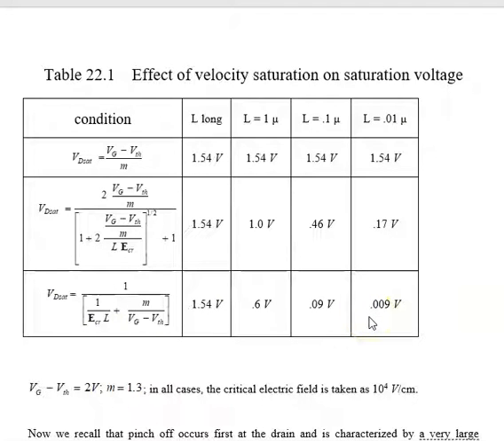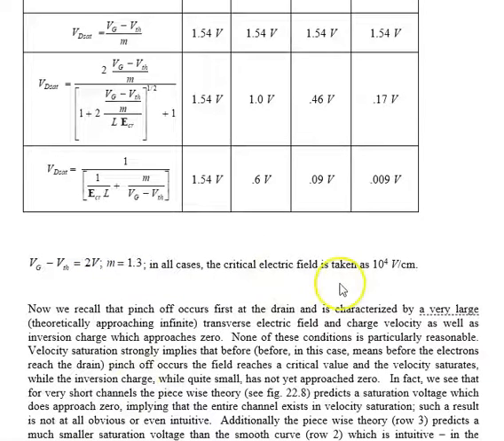So that's pretty darn dramatic, from 1.54 volts to essentially 0. In all cases, we just use VG minus V threshold of 2 volts, where 2 volts is the threshold, and N is 1.3, which is a little bit high, but not too much. And we take E critical as 10 to the 4th.